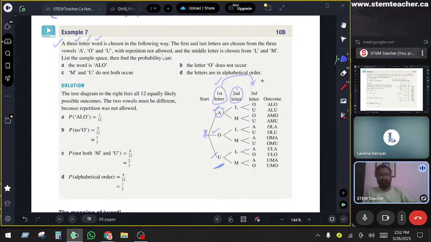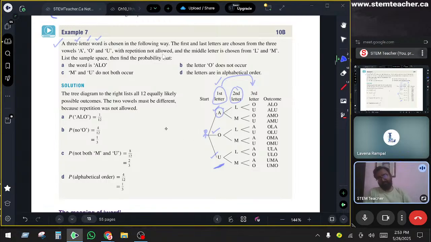The third letter should end with A, O, or U, but A has already been used. So for L we have O or U, for M we have O or U, for the O-starting word we have A or U, and for the U-starting word we have A or O. This is called a tree.